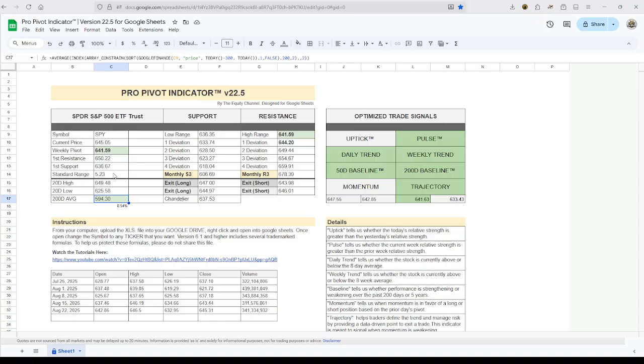But at the end of the day, what I want you to take from this video is just the simple understanding of how these elements work. We'll be talking more about how to really utilize them together in other videos, and especially when we're live.